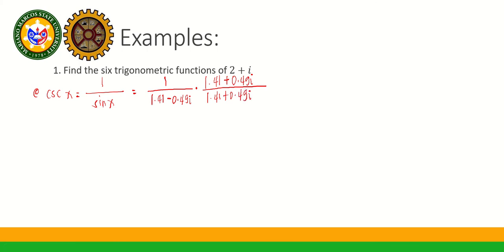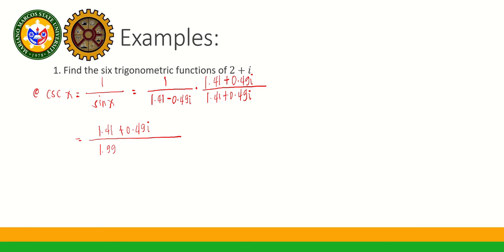Okay, so we solve for this one. This will be equal to 1.41 plus 0.49i all over. Again, this is a difference of two squares. So 1.41 squared is equal to 1.99. So this is 1.99, and then 0.49i squared is equal to, of course, i squared is equal to negative 1.